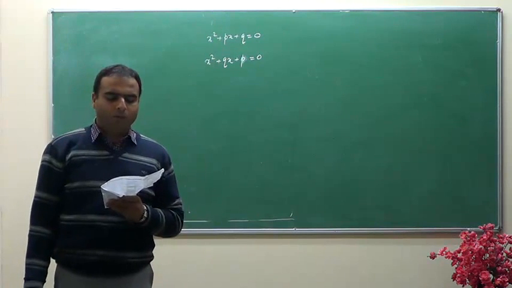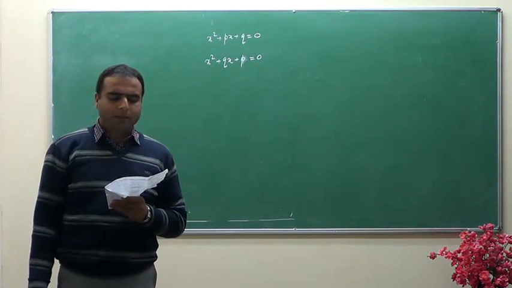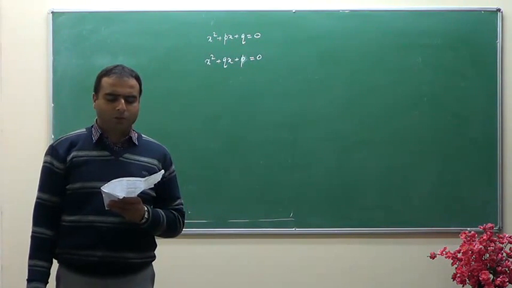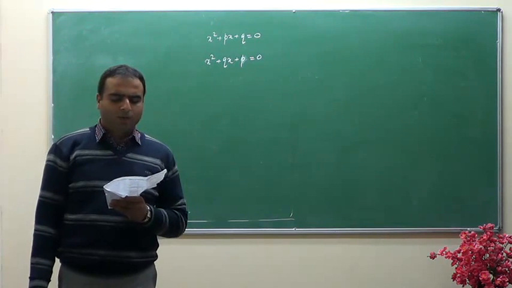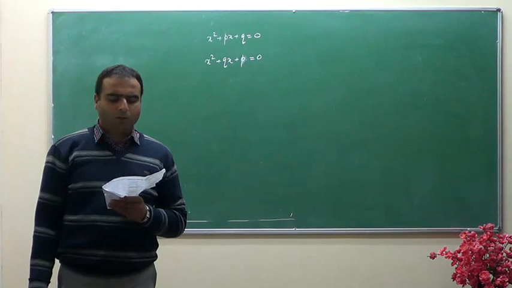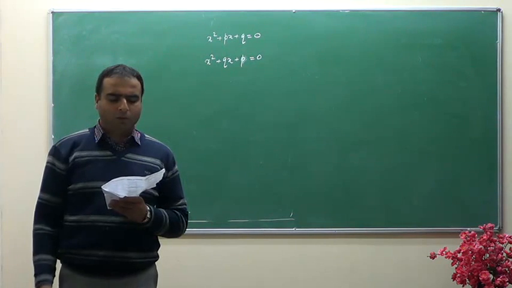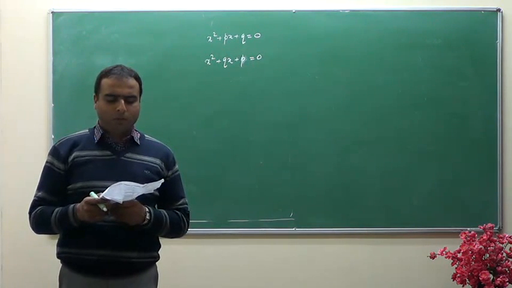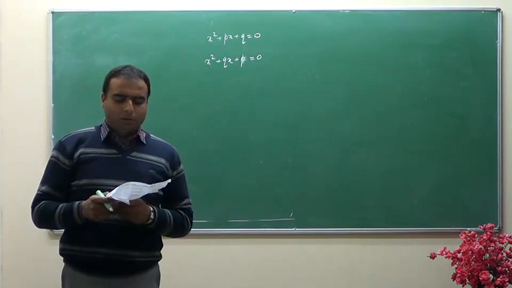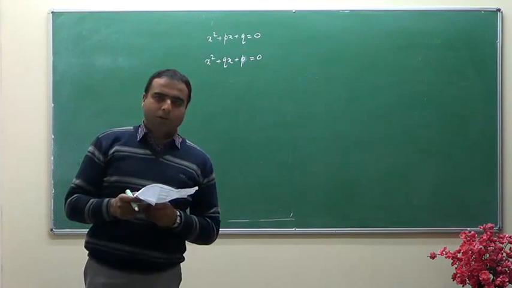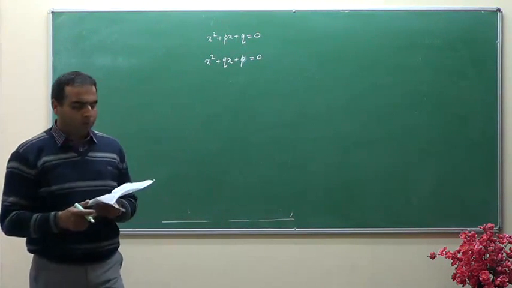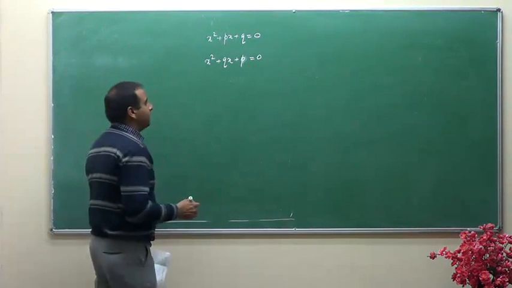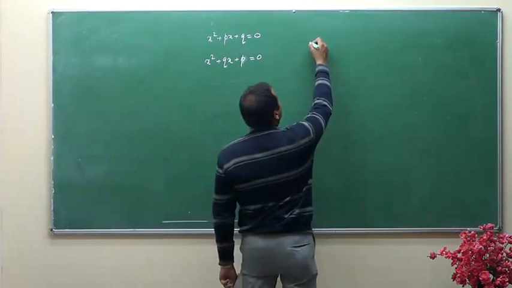If the roots of the equation x square plus px plus q equal to 0 differ from the roots of the equation x square plus qx plus p equal to 0 by the same quantity, show that p plus q plus 4 is equal to 0 unless p is equal to q.